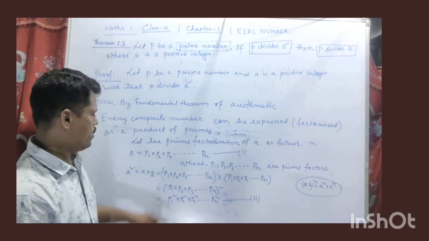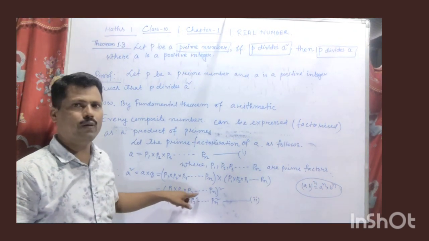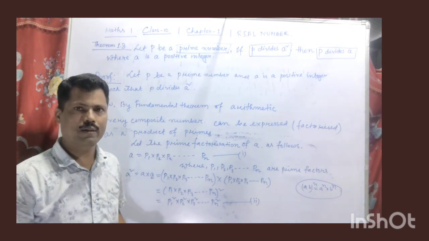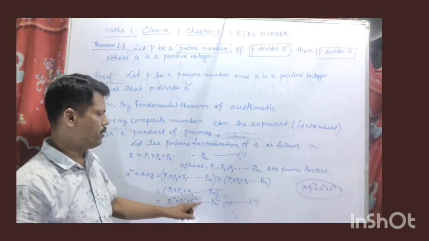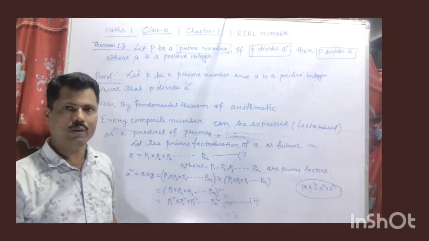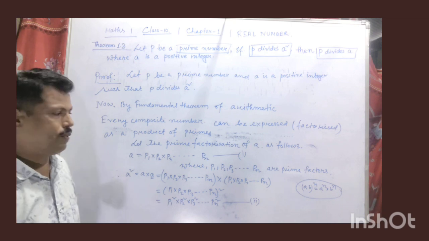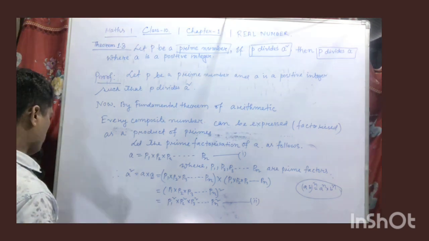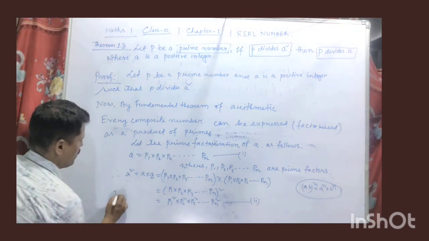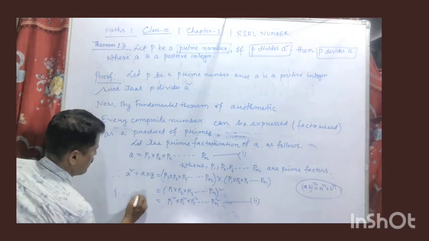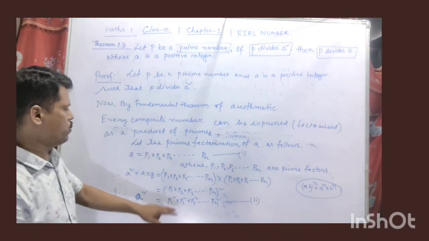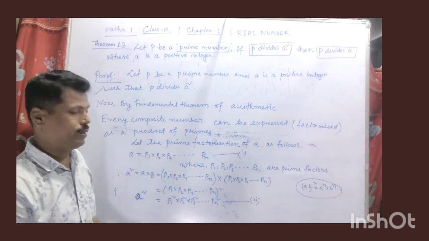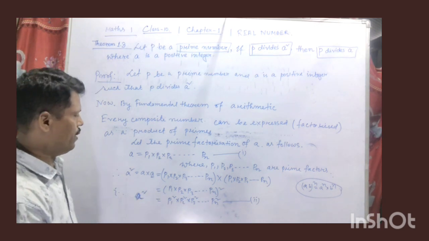That's why we can write P1 into P2 into P3 dot dot dot Pn whole square as P1 square into P2 square into P3 square dot dot dot Pn square. That is, a square is equal to P1 square into P2 square into P3 square dot dot dot Pn square.